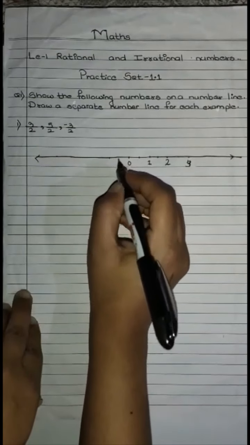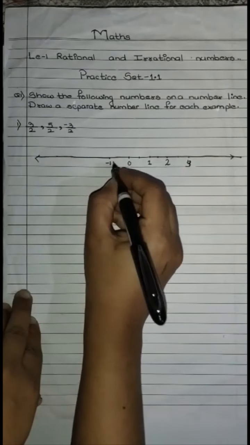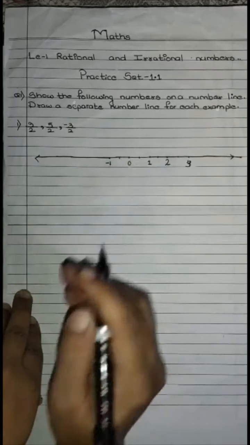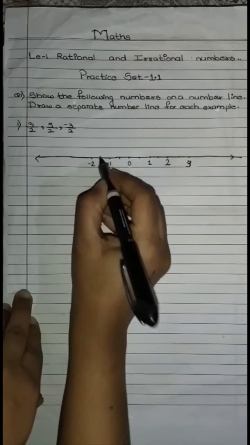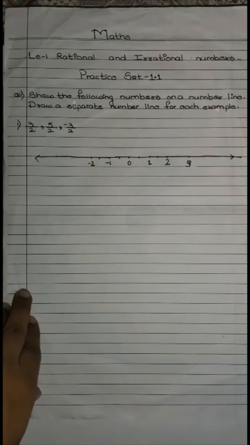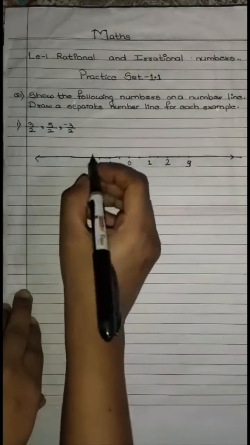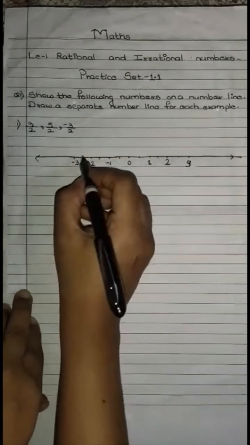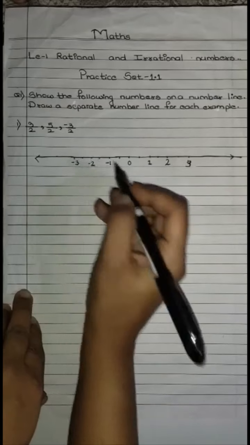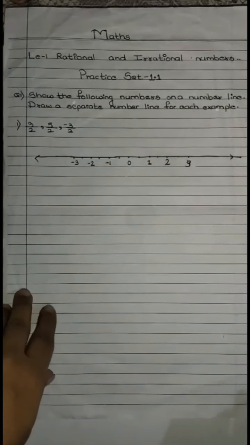In the left hand side also you have to go like that only, but the numbers must be minus. This is minus 2. Again you have to divide these two numbers into two equal parts. Here minus 3. Divide each unit into two equal parts.